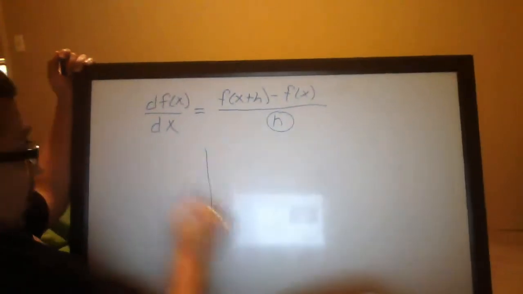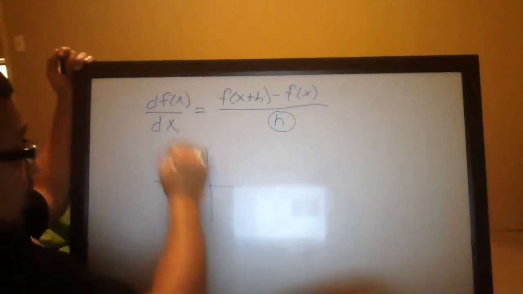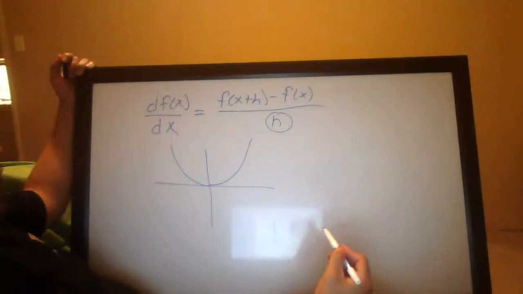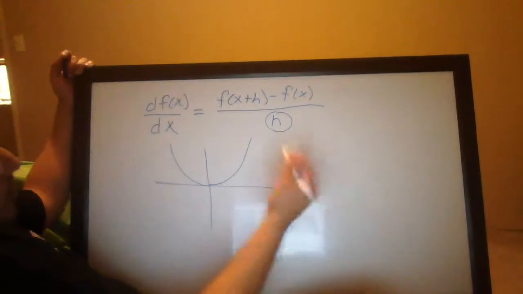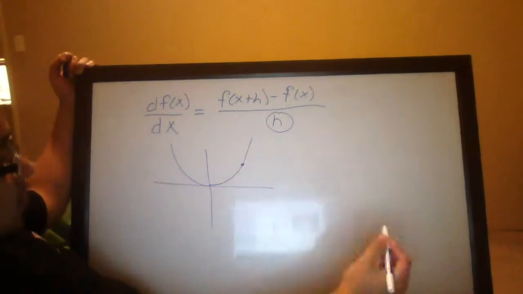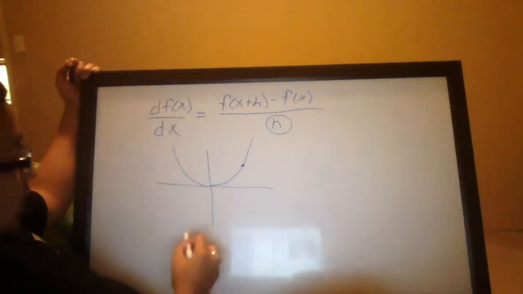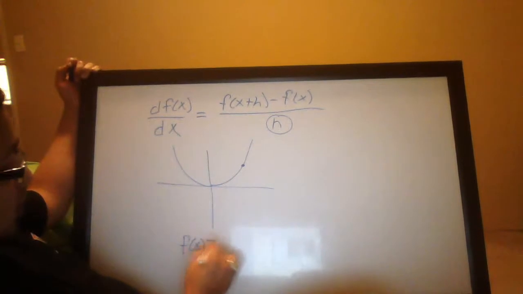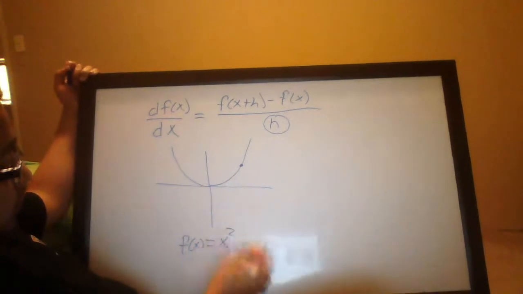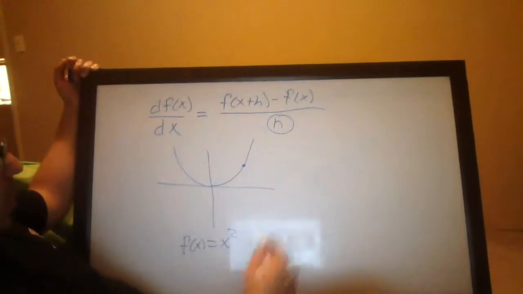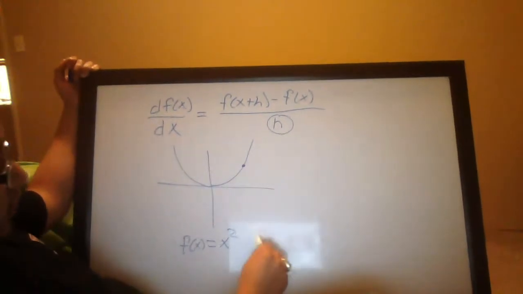So let's say we had some function that was a parabola. And I said, what is the derivative of this parabola at this point? A question that would look like this would say you have some function f of x equal to x squared, and they said, what is the derivative at x is equal to 2?